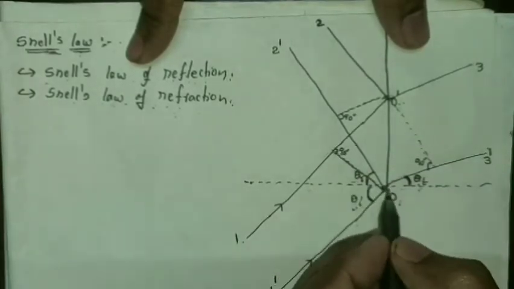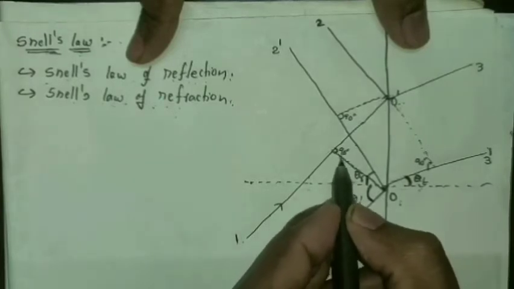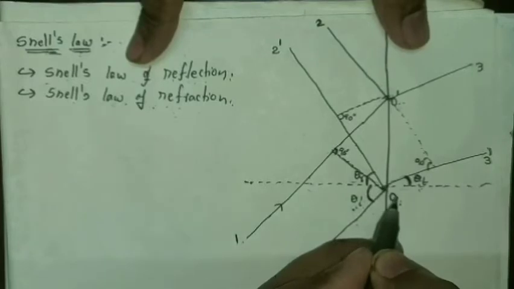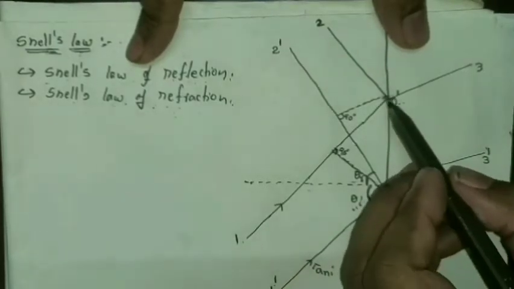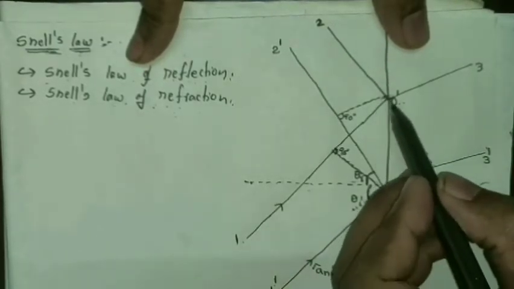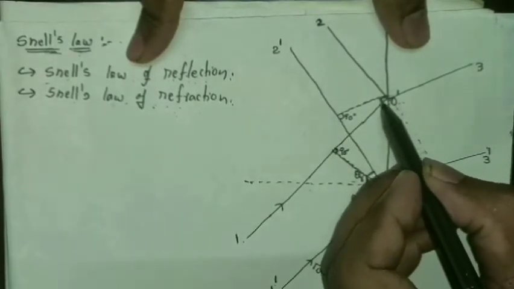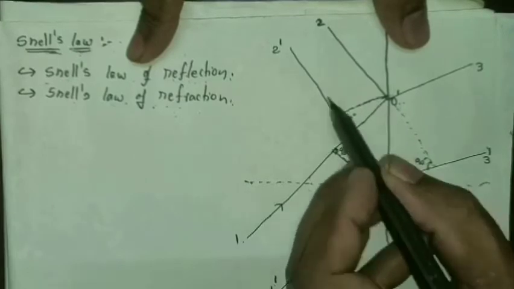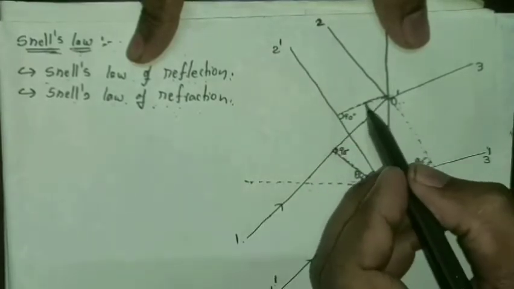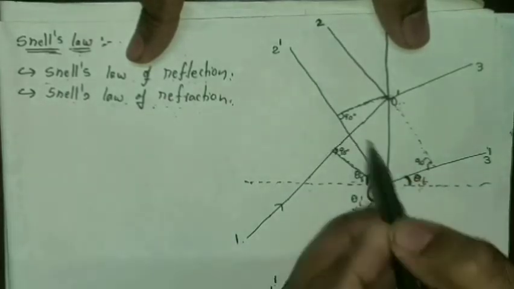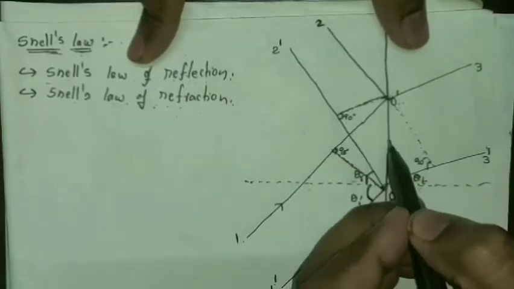When you draw a perpendicular bisector, this angle is 90 degrees. At the same time, let us draw a perpendicular bisector from O dash to 2 dash, the reflected electromagnetic wave. So this angle is also 90 degrees.